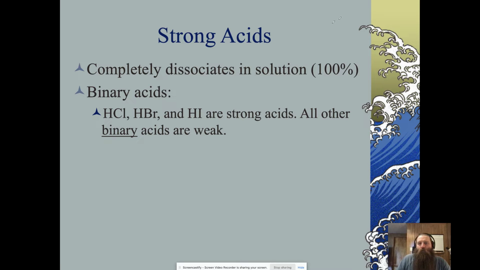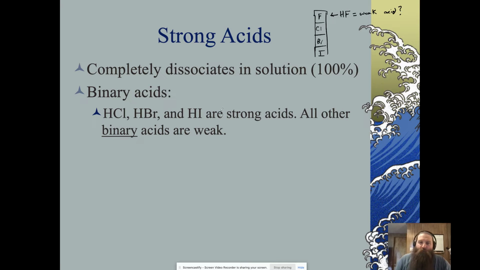And so you might be thinking, wait a minute, the halogen family starts with fluorine, and then we have chlorine, bromine, and iodine. So why is HF a weak acid? A really good question there.